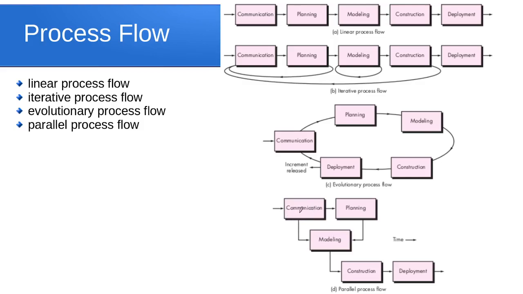After some of the communication, the communication phase was not over and we started modeling. And here the planning was not yet complete and we started another construction activity. If such overlapping or parallel execution of activities is there, in that case we can call it a parallel process flow.